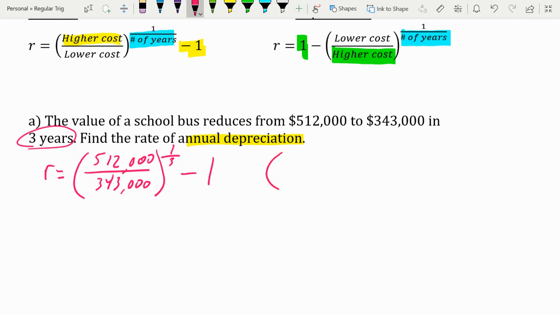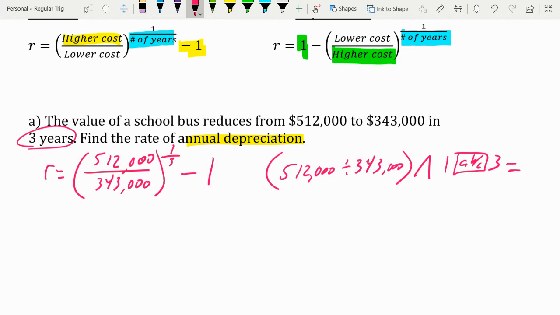If you need help plugging this in, parentheses, 512,000 divided by 343,000. Close the parentheses. Use the caret key. And then you're going to hit 1, the ABC button, 3. Hit equal. All right, just stop right there, hit equal.